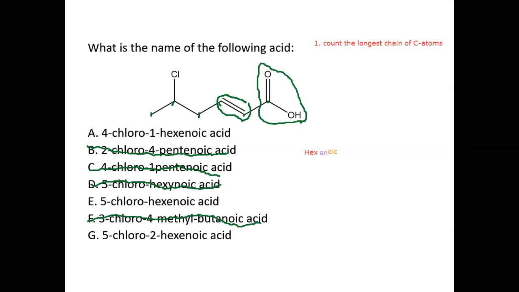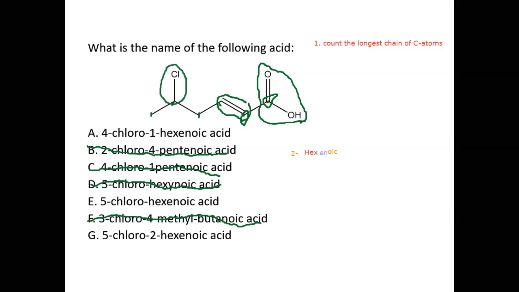But we're not finished. Since we have more than 3 carbons, we have to include the carbon after which the double bond comes after. And so if we start here, 1, 2. So it comes after the second carbon. So we should write this as 2-hexanoic acid. Now, we would stop there, but however, we have one more substituent, the chlorine.